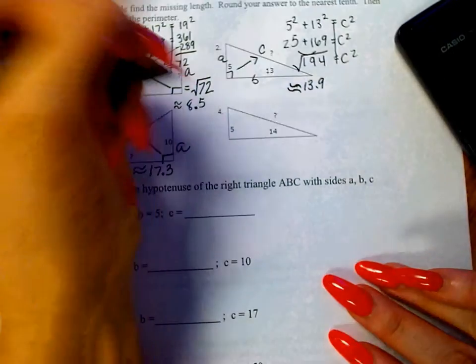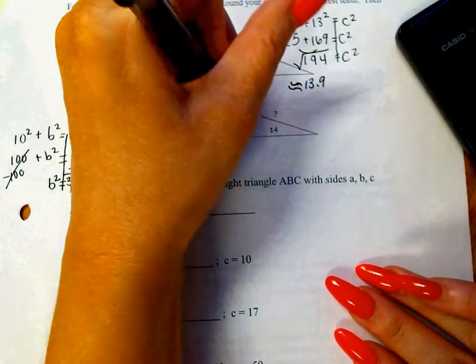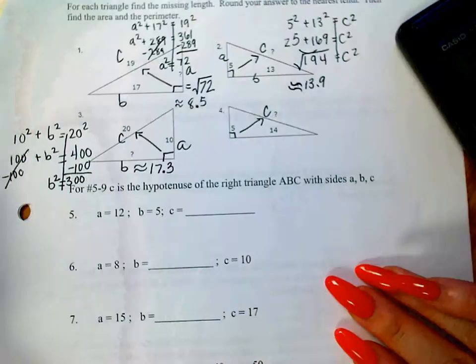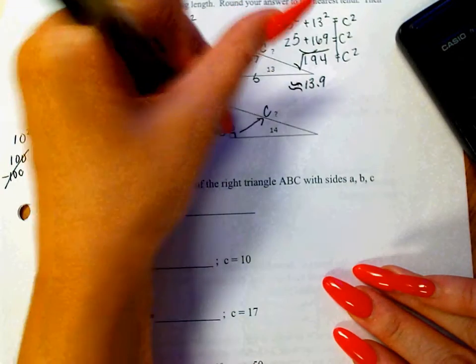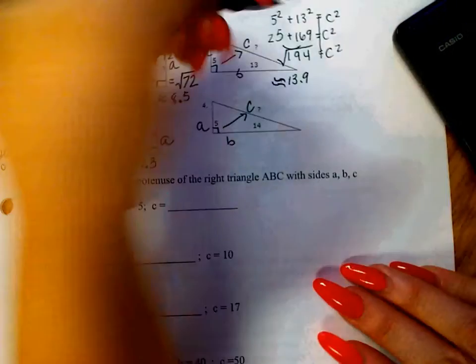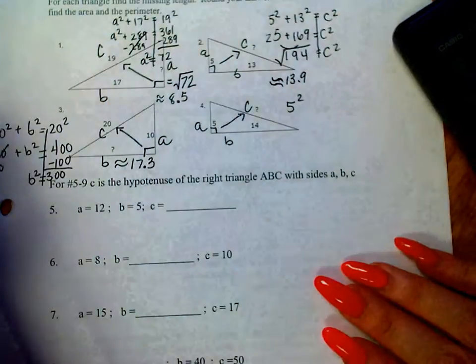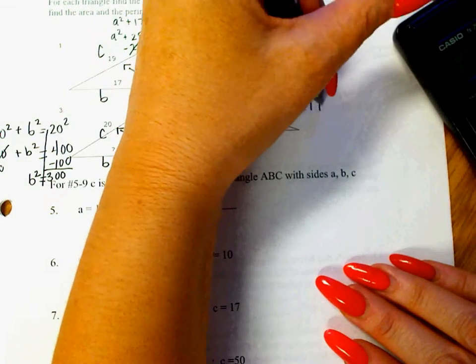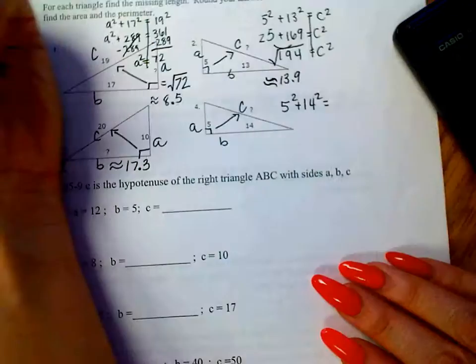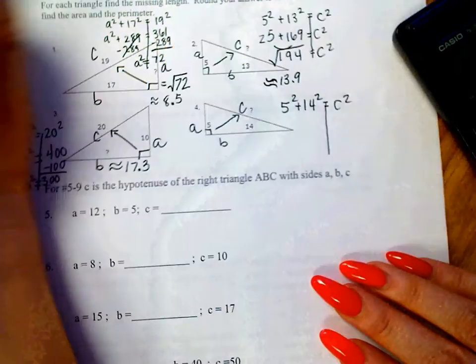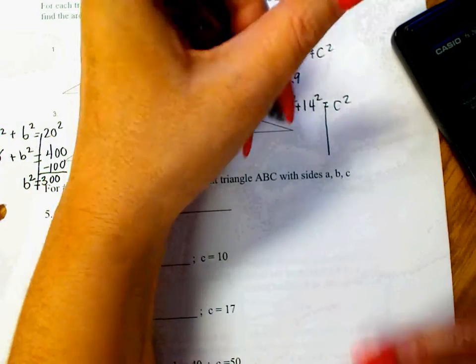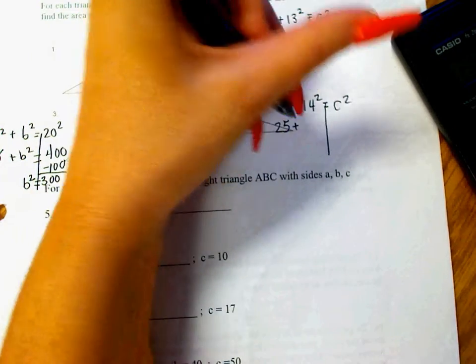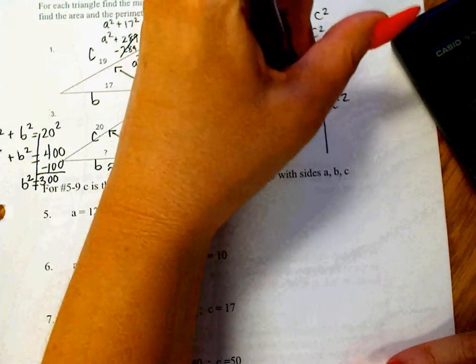Number 4. Label. Hypotenuse is C. These are A and B. So we have 5 squared plus 14 squared equals C squared. So that's 5 squared is 25, and 14 squared is 196.